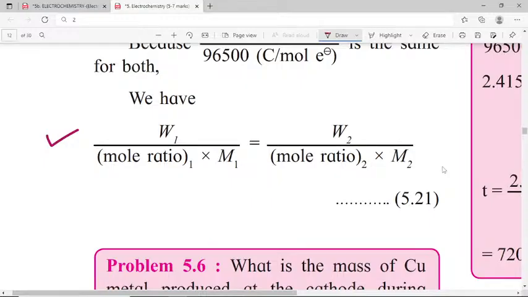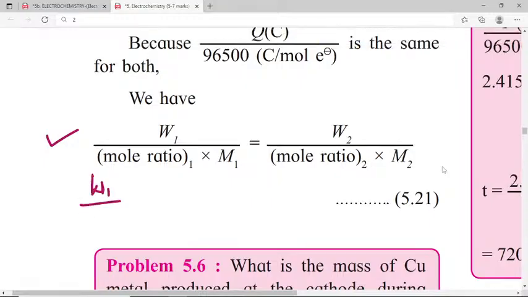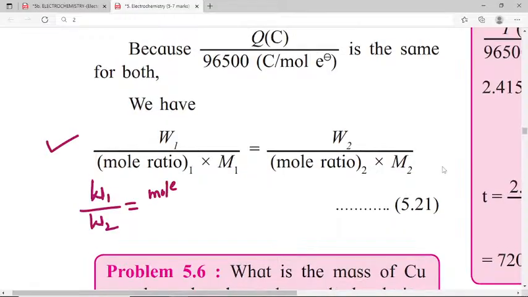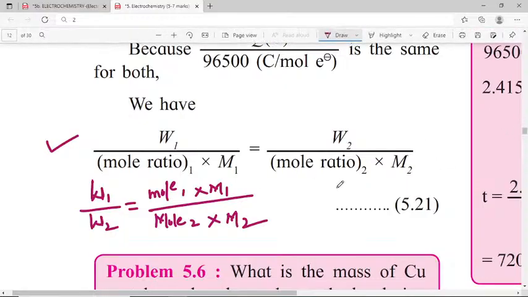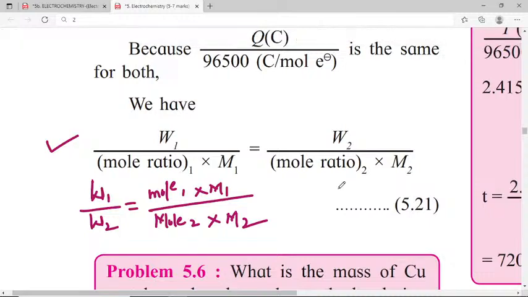W1 divided by W2 is equal to mole ratio 1 multiplied by M1, this whole ratio divided by mole ratio 2 multiplied by M2. Get it? Mole ratio multiplied by molar mass.